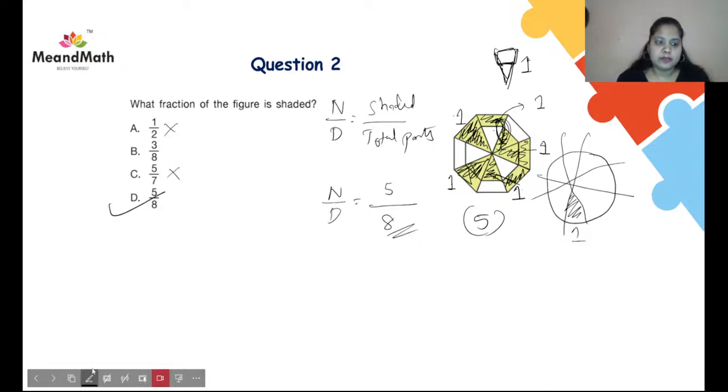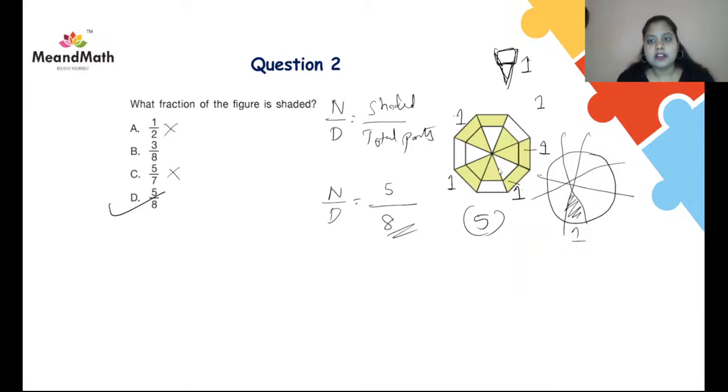Now, here we counted different parts, that is the combination of triangle and the 4-shaped box, because we need to find what exactly fractions are. We are dividing something equally. Here, to make this equal, we included the combination of these two figures, right?